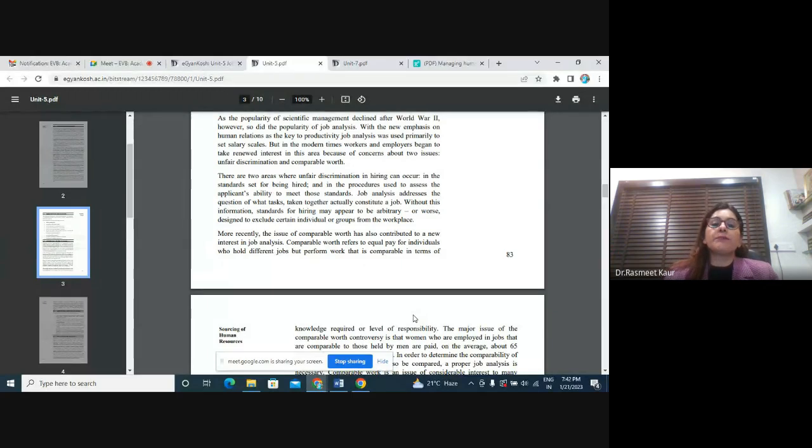Let me take an example. Let's say I have done manpower planning, and after that I haven't done any job analysis, and I've just randomly put an ad in the newspaper inviting candidates who have knowledge, skill, or ability related to any particular area, let's say marketing, to apply in my organization. Now what will happen?